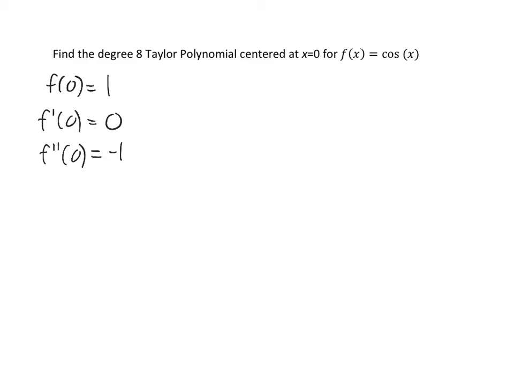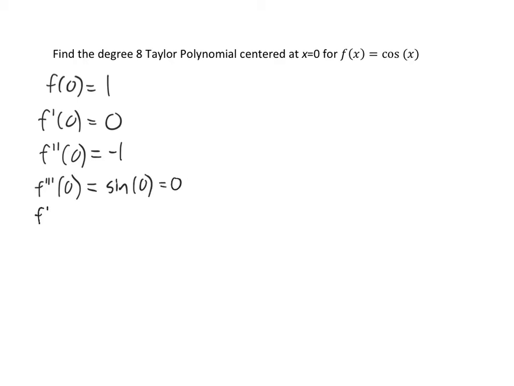If you remember, the second derivative was negative cosine x. The third derivative, if you kept going, would be the derivative of negative cosine of x, back to sine of x, and sine of 0 is 0.